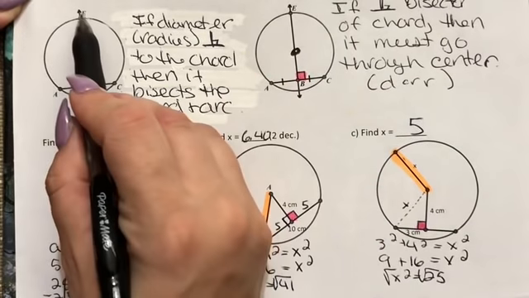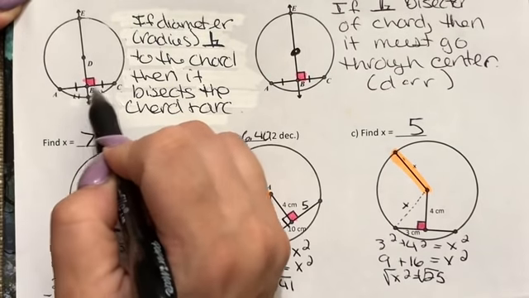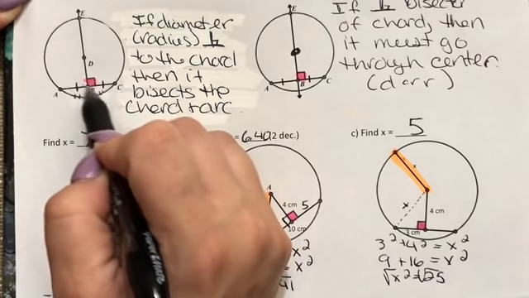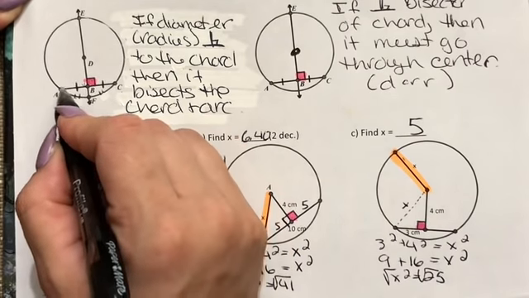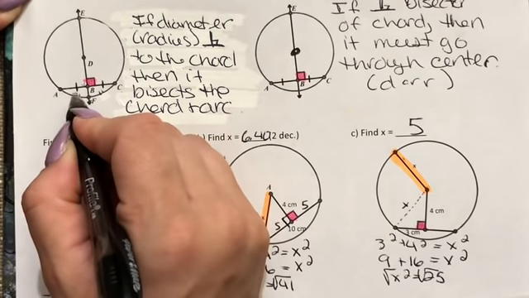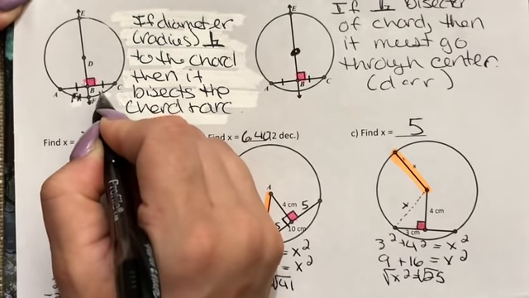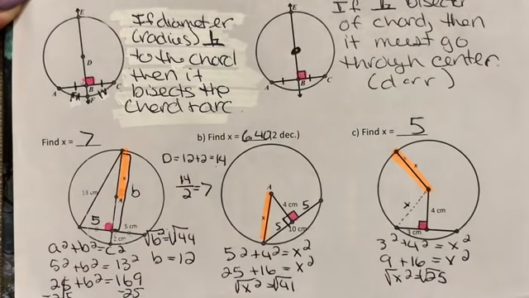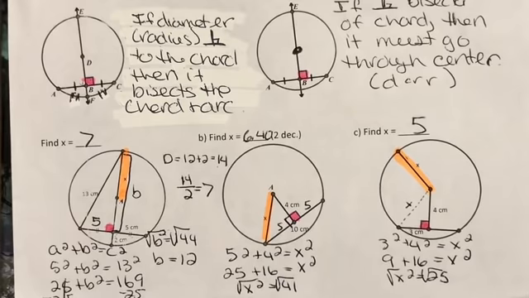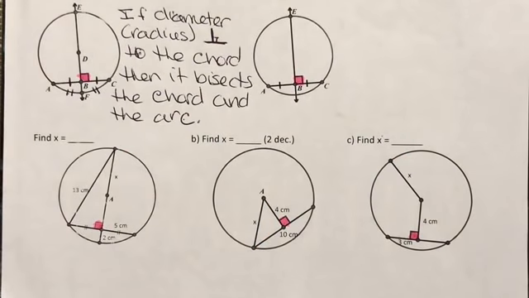So as you can see here, I have a diameter and a radius going through this chord. It creates a perpendicular intersection. So not only is the chord cut in half, but the arc that it is attached to is also cut in half. So I can draw a similar conclusion thinking about it backwards.